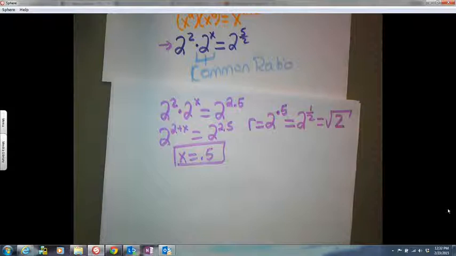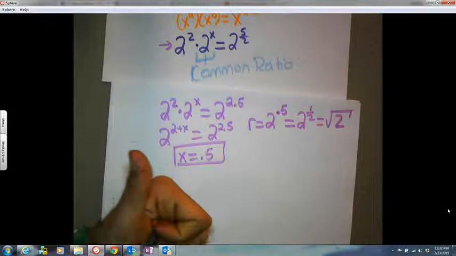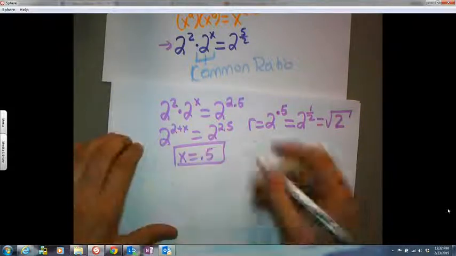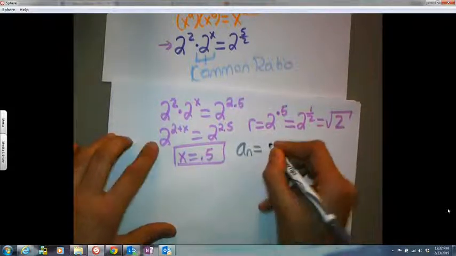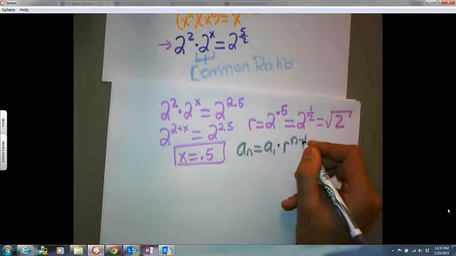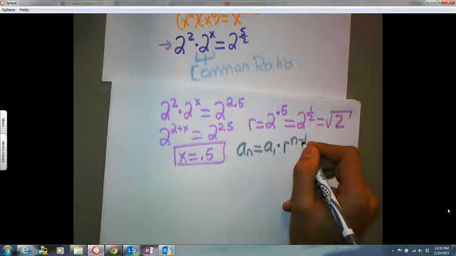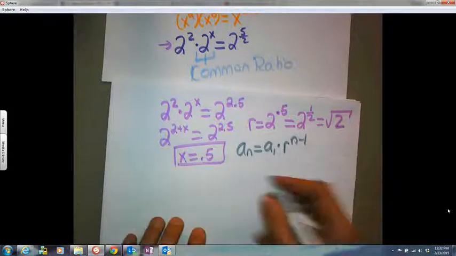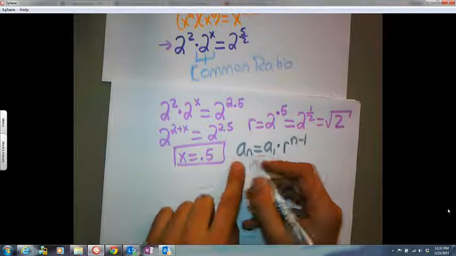So now we simply want to find three things: the nth term expression, a6, and a7. Well, a sub n is a1 times r to the n minus 1. a1 is 4.